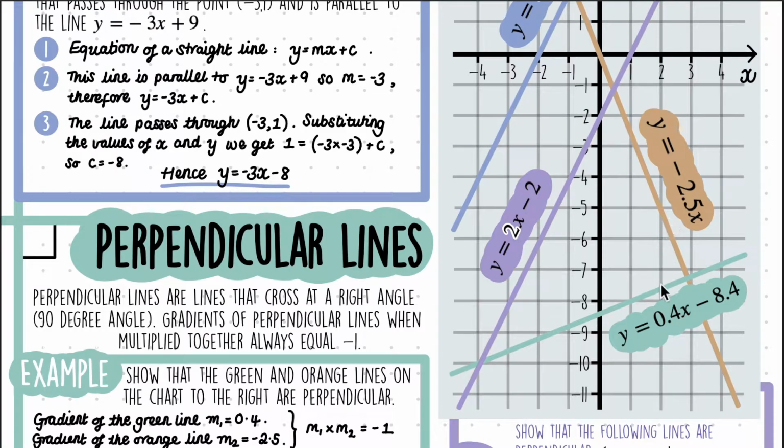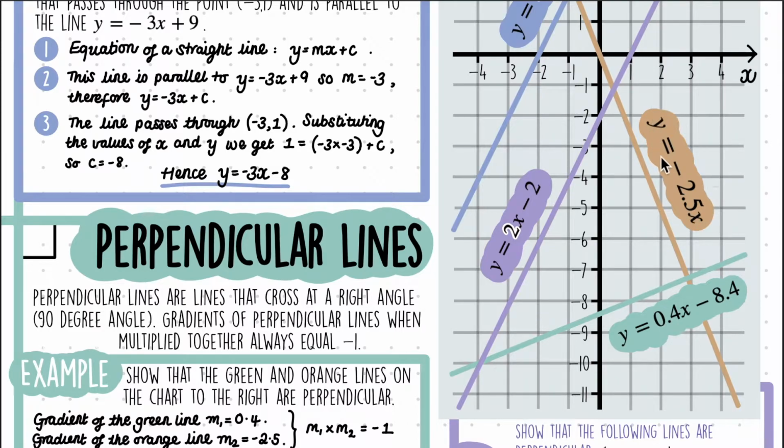Now, these lines look perpendicular. I would be pretty confident this angle here is 90 degrees. However, in order to prove it, what we'd have to do is take the gradient of this line and the gradient of this line, multiply them together and make sure our answer is equal to -1.